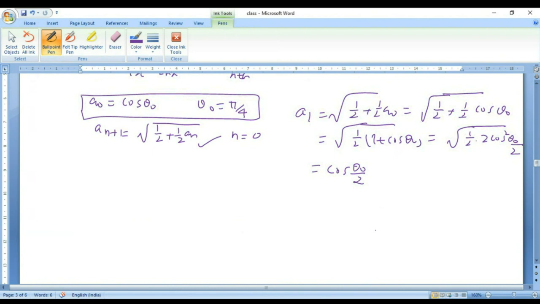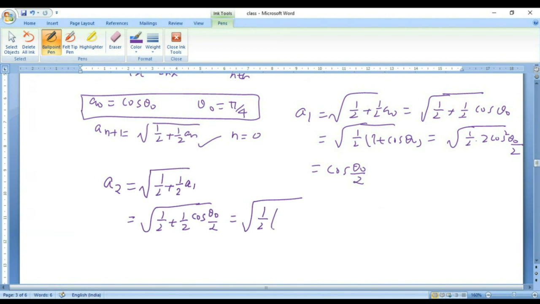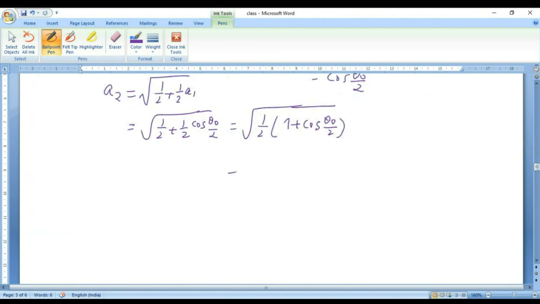If you go to a2, one more step, a2 is the square root of half plus half a1. So we write half plus half times a1, that is cos of theta naught over 2. I can take half common. This is 1 plus cos of theta naught over 2. This becomes the root of 2 times cos square of theta naught over 4. Each time this angle is halved.